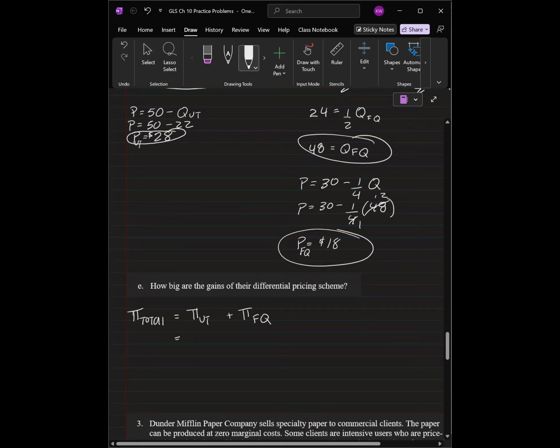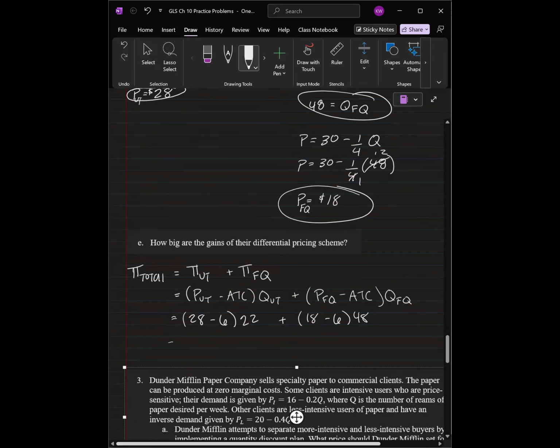Okay, so we'll have profit uptown is going to be equal to the price charged uptown minus average total costs times the quantity sold uptown. And we're going to add to that the price charged in the French Quarter minus their average total costs times the quantity produced in the French Quarter. So we're going to get 28 minus 6 times 22 plus 18 minus 6 times 48.